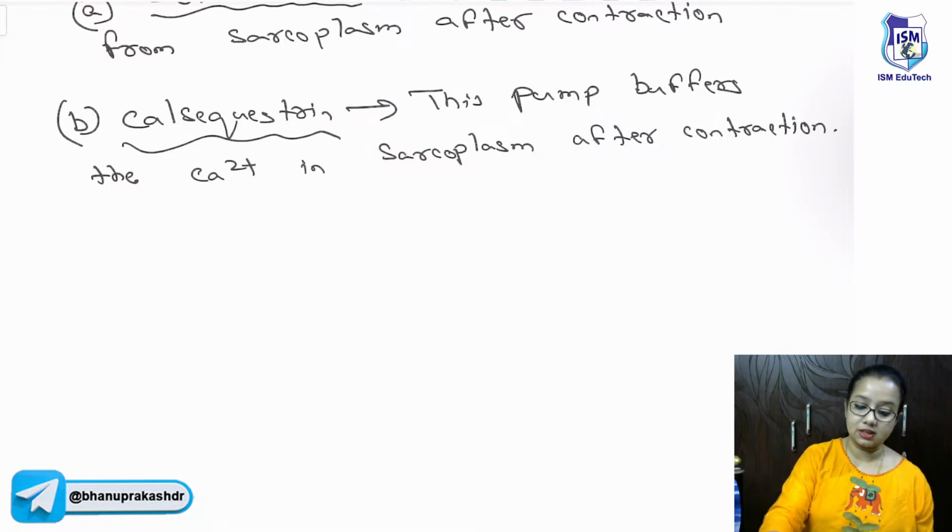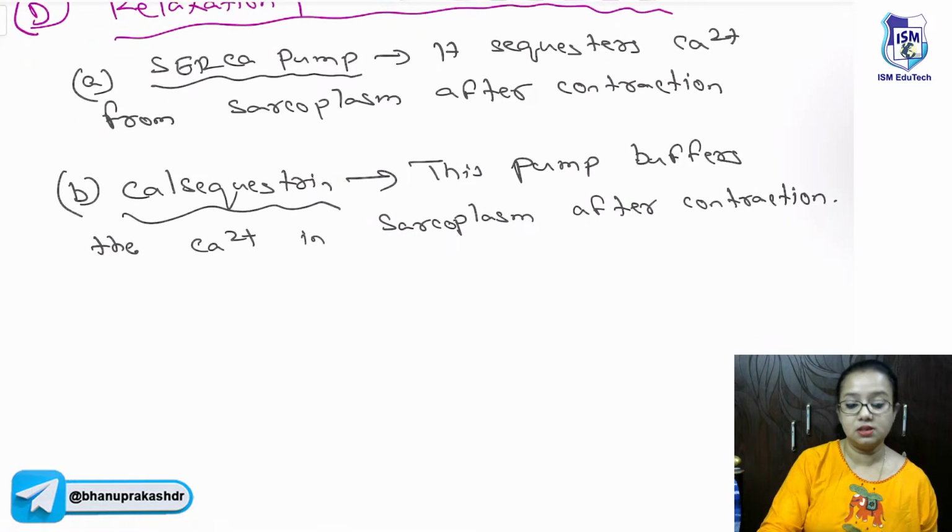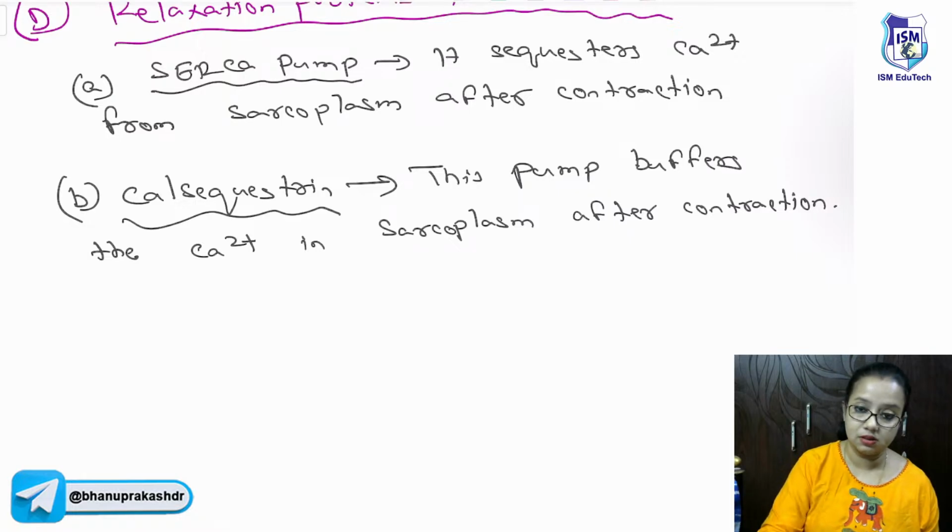Okay, these are the various types of muscle protein. First was the anchoring proteins, contractile proteins, regulatory proteins, and then the relaxation proteins.